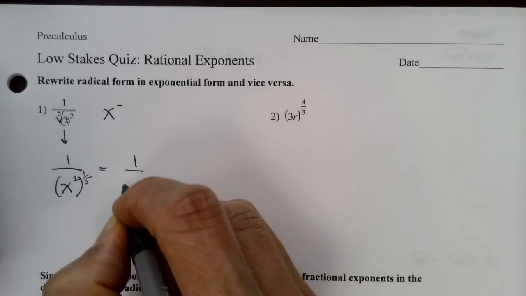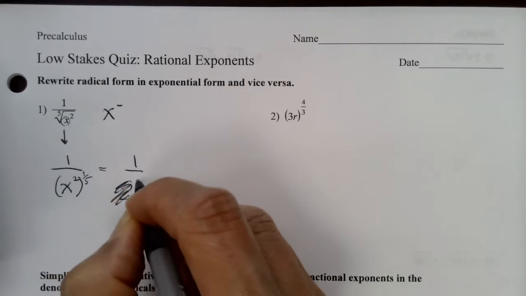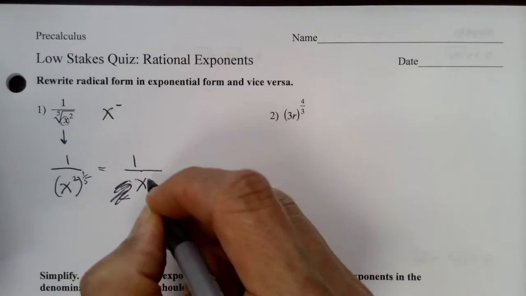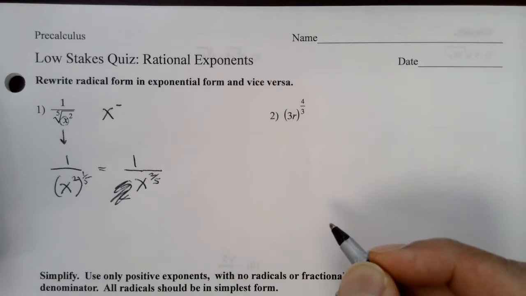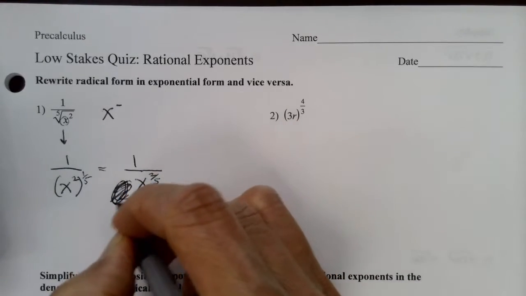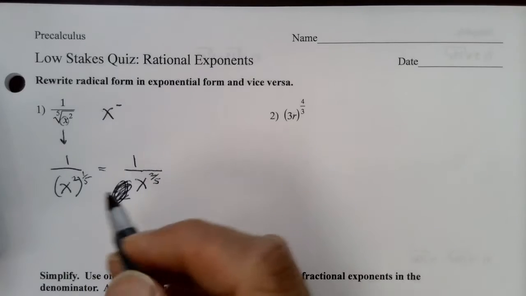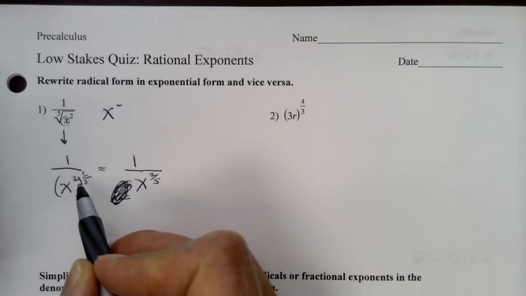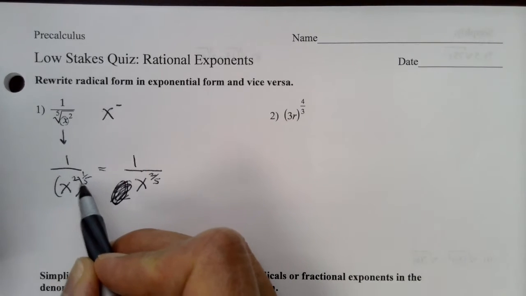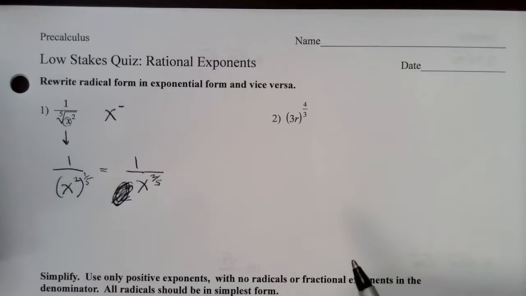Then I can also rewrite that as x to the 2/5 power, so there's my rational exponent, x to the 2/5 power. And you can also see how the exponent rules apply here. I can just multiply those two and get 2/5.